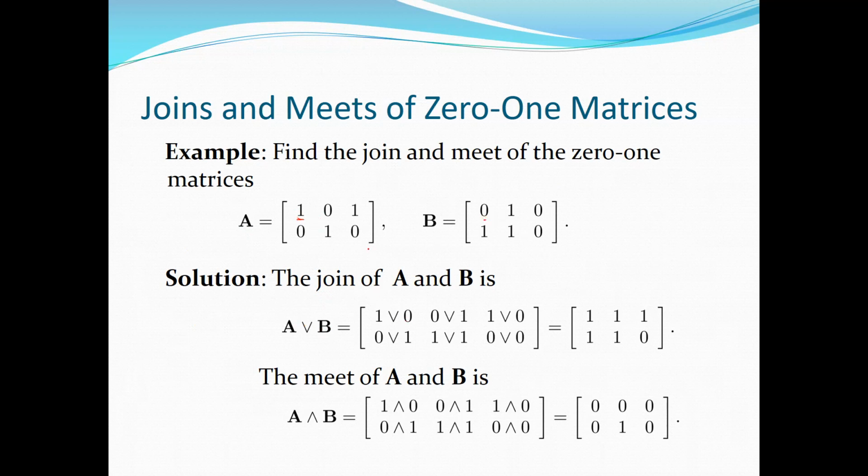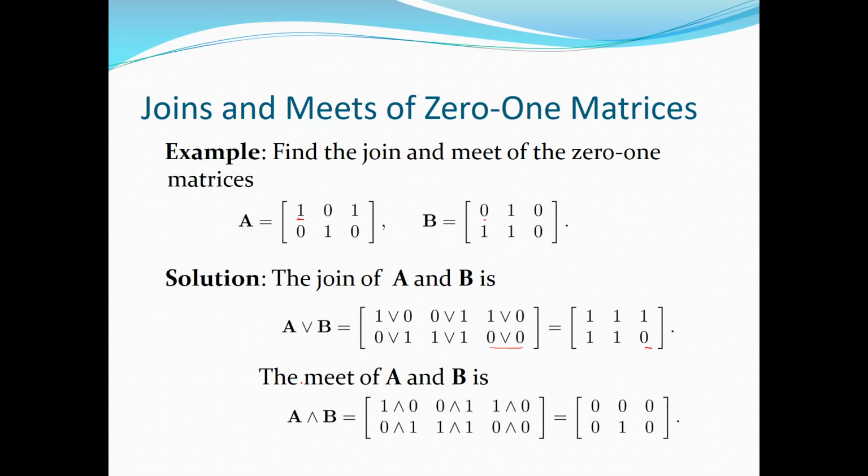So 1 or 0, 0 or 1, 1 or 0, 0 or 1, 1 or 1, 0 or 0. And we know that this is 1, this is 1, this is again 1, this is again 1. Any one of 1 is 1. 0 or 1 is 1, 1 or 1 is 1. This will be 0 only when both are zeros, right? That's why this is called the join of two 0 1 matrices.